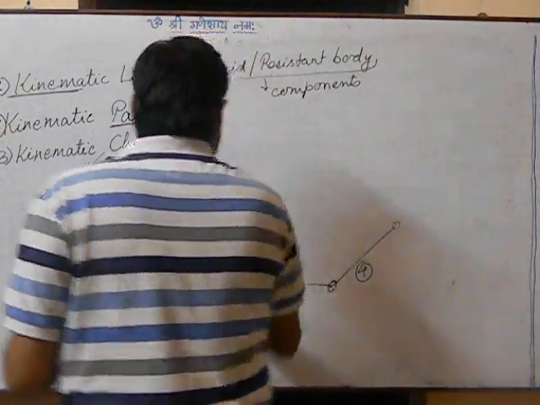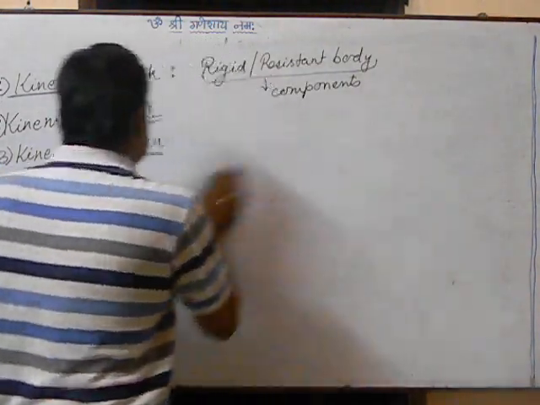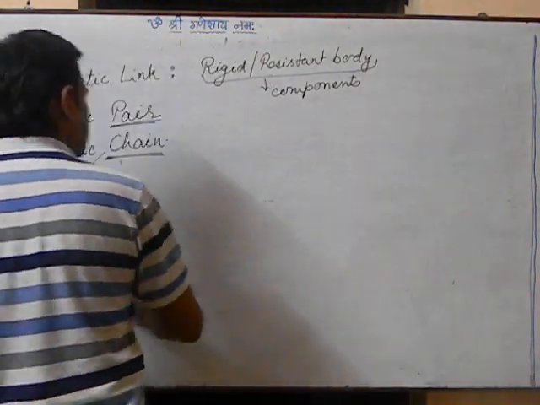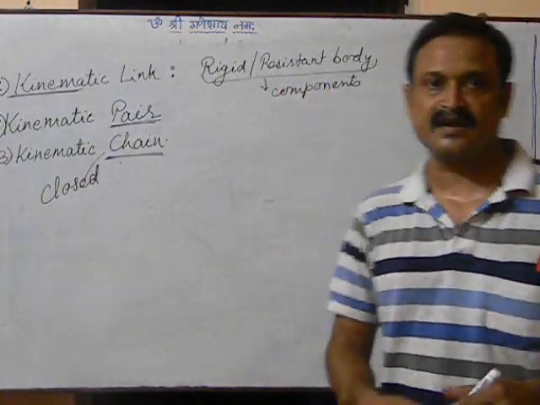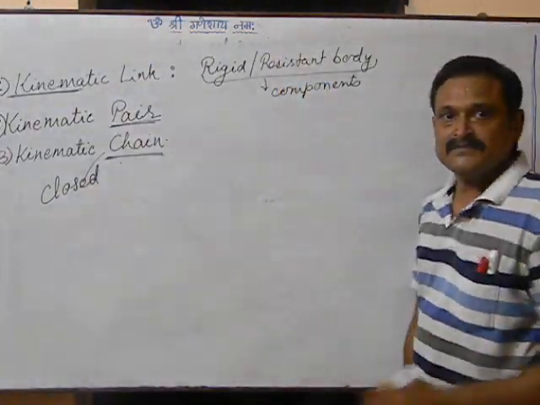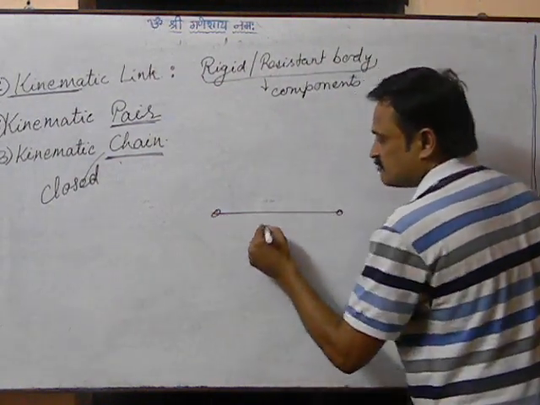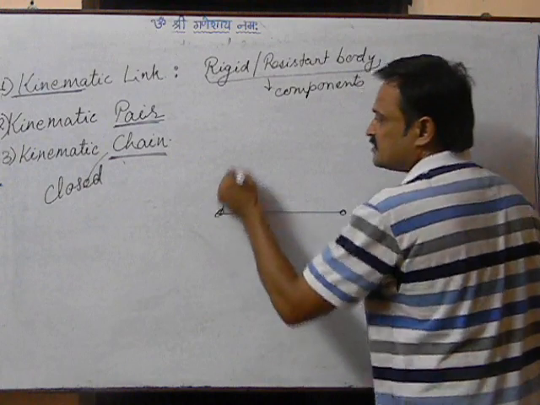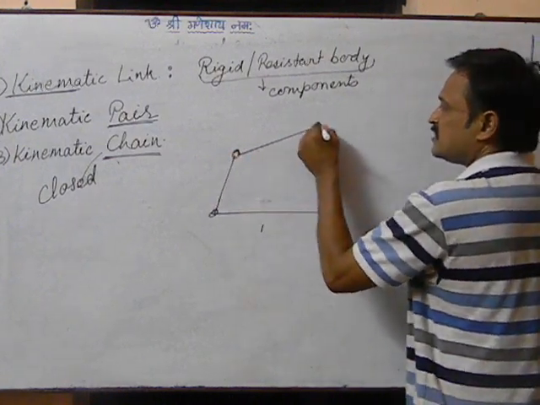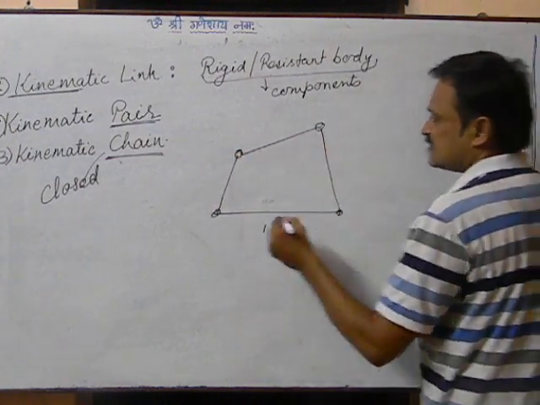Now what is a kinematic chain specifically? For that I'll take a very simple example. Say there is link number 1, I join link number 2, then link number 3, and this is link number 4.